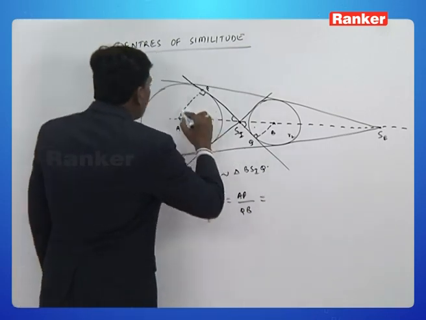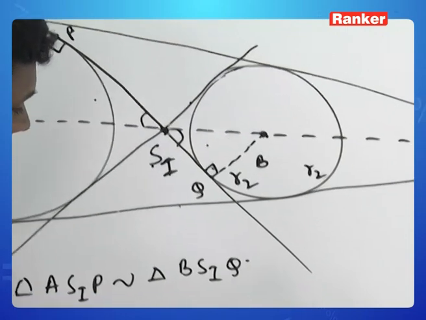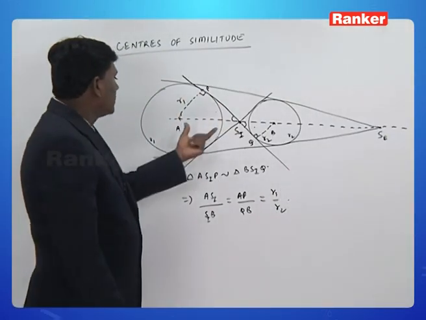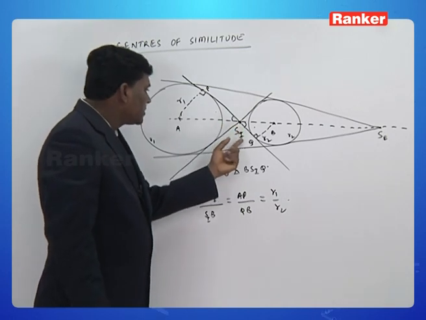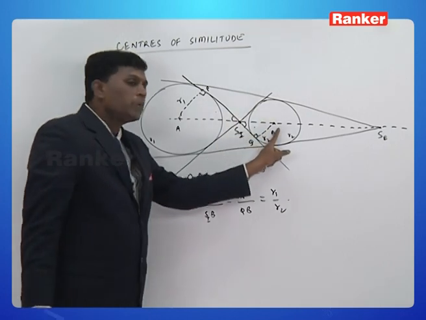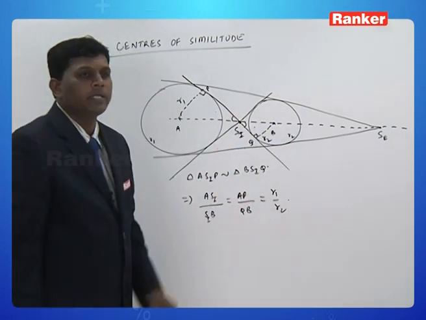But AP is the radius of this circle and QB is the radius of this circle, which is nothing but R1 by R2. Therefore, the internal center of similitude of the given two circles divides the centers in the ratio R1 is to R2 internally.